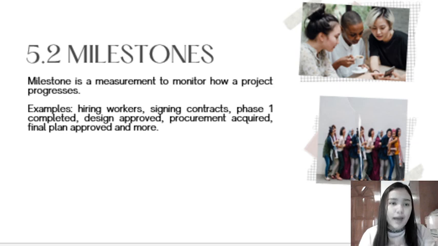5.2 is the milestones. It's a measurement to monitor how a project is progressing. Examples: you hired workers, that's a milestone. You signed a contract, another milestone. Phase 1 completed, design approved, final plan approved, and more.